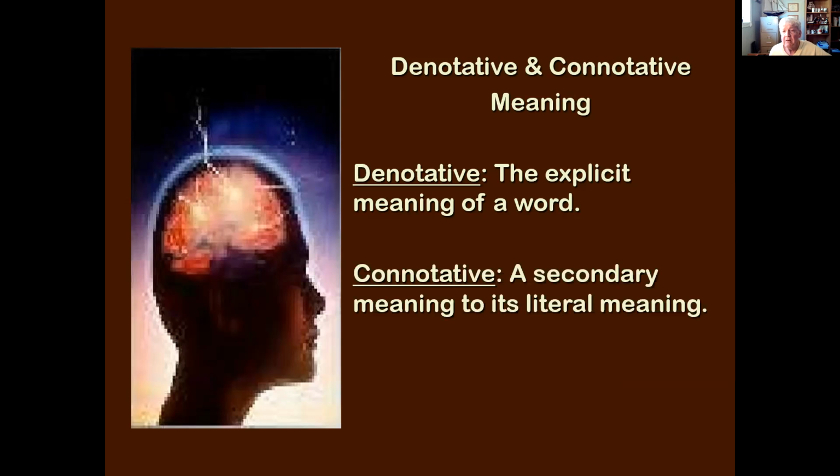That was the denotative explicit meaning of the word gay. But it took on another meaning, a connotative, a secondary meaning to its literal meaning. It became a word used for homosexuality. So the word is seldom used in its denotative way today. It's mostly used in the connotative meaning, which is really its secondary actual meaning.